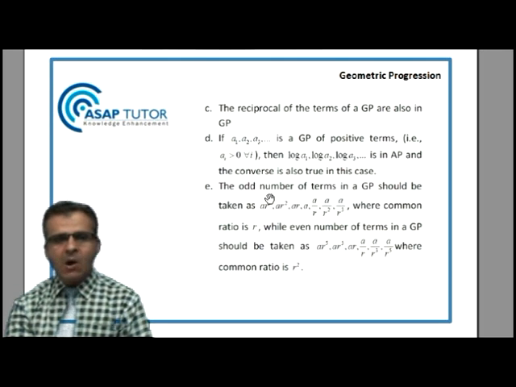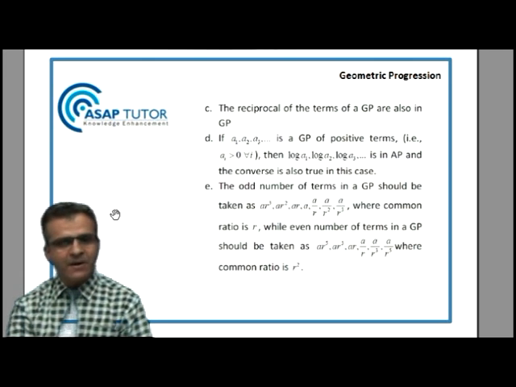The next one is the odd number of terms of the GP. Whenever we have a problem where we want to take an odd number of terms, for example, there are 3 numbers which are in GP, or say 5 numbers which are in GP, we always take them like AR cube, AR square, A by R, and so on.